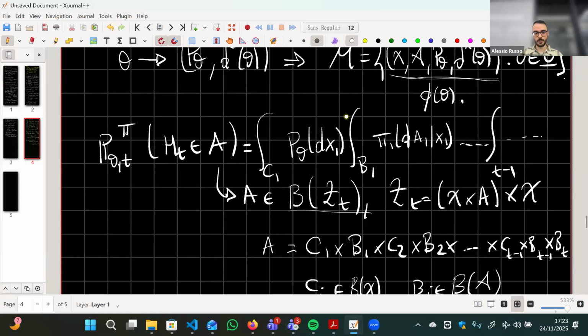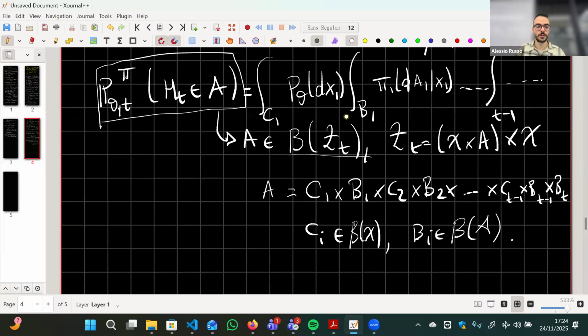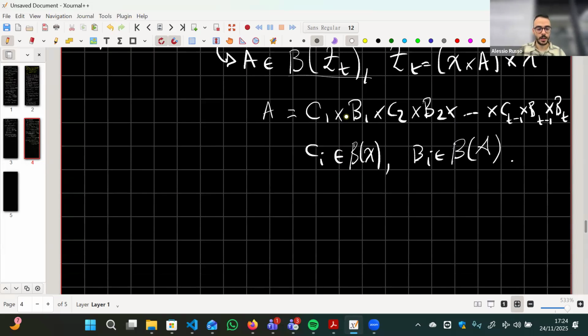And you can keep going in this recursive way. So this is simply the probability of a trajectory. This is the way we define the probability measure over trajectories for a fixed model. And from this definition, we can also define the joint probability between trajectories and models.